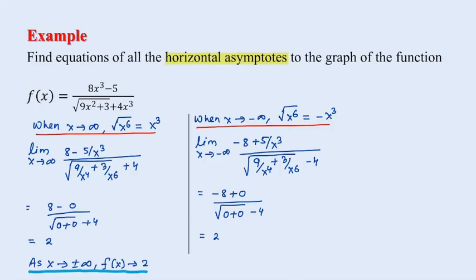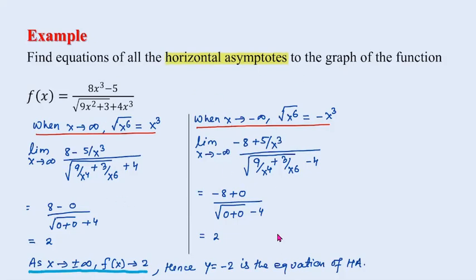So we can write, hence y equals 2 is the equation of the horizontal asymptote.